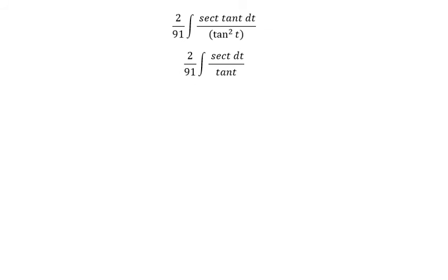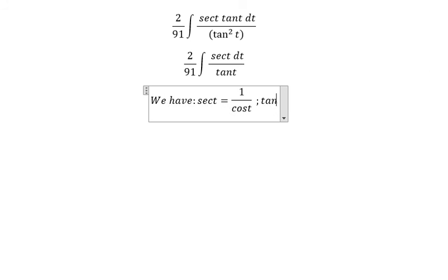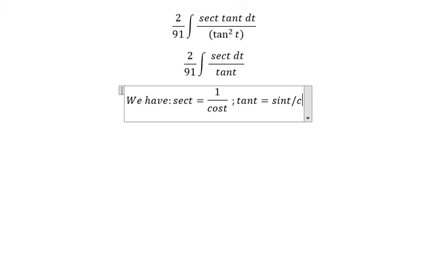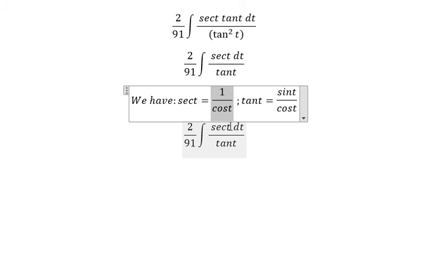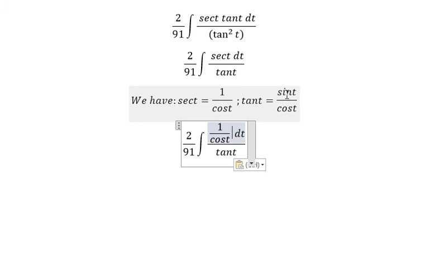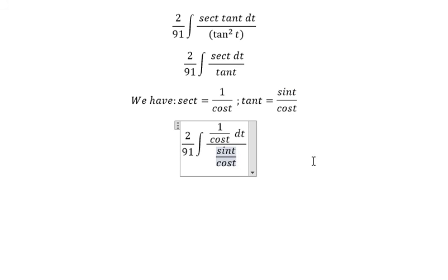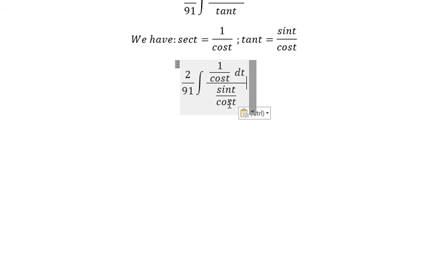Next, we simplify tan t. We have secant of t equals 1 over cosine t, tan t equal to sin t over cosine t. We have cosine t and cosine t. We simplify together.